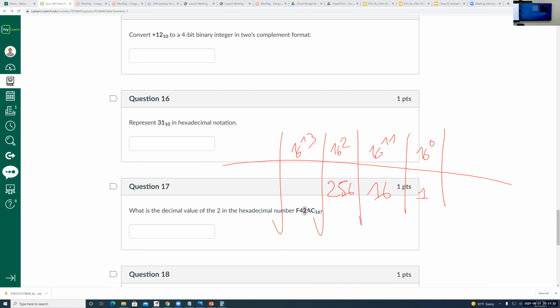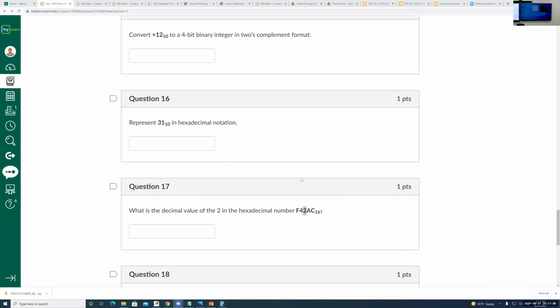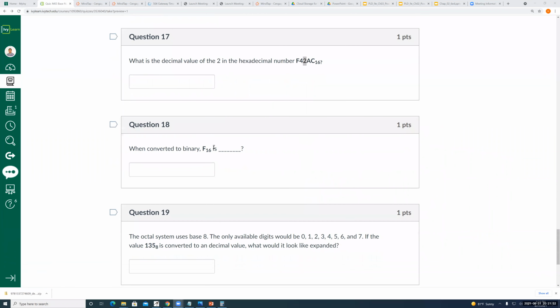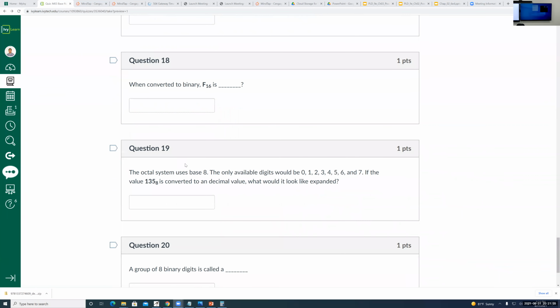This one is the 256 column. And you have number 2, that's why you have 512 here. That's all. Does it make sense? Is it clear? So this one is converted normally.